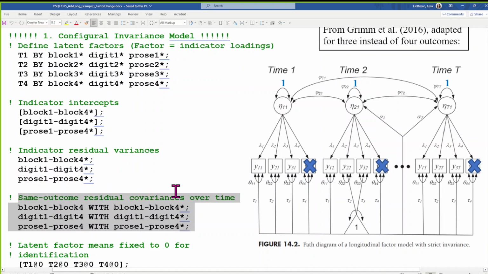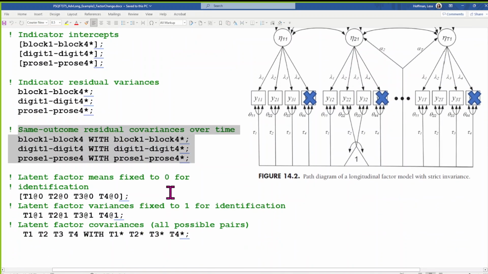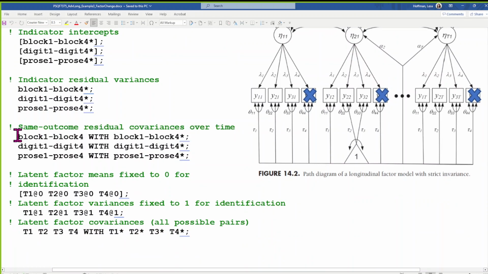Are we fixing that covariance for the same item over time to be the same? No, not yet. There are no constraints on that. So there's 6 covariances implied by each of these lines, because it's between the 4. I have no constraints on that. One could if you wanted to save parameters, but I'm not going to yet. But that's not unstructured. So we are estimating all of those things, but that is not unstructured.